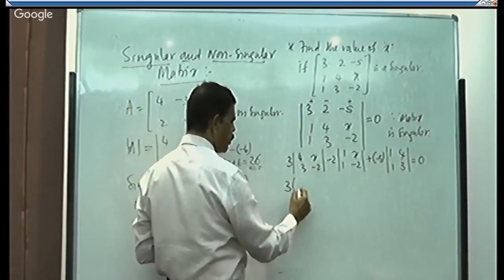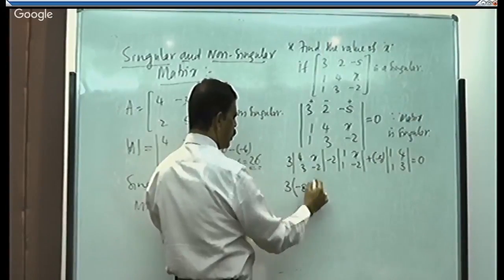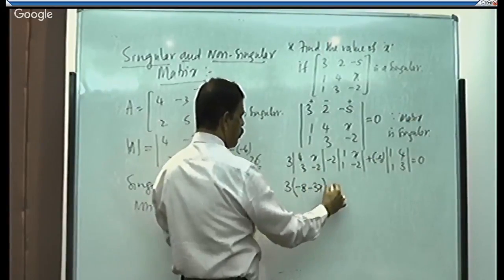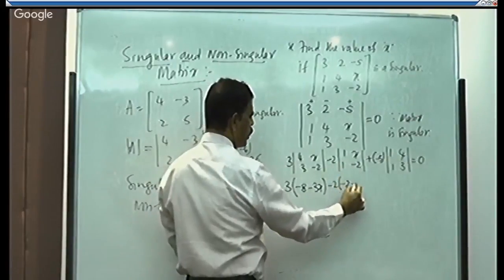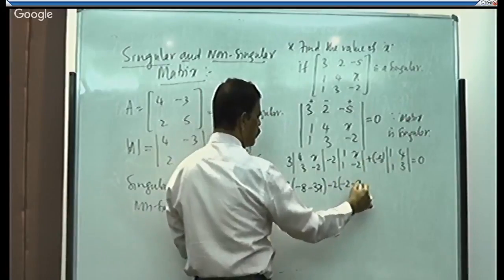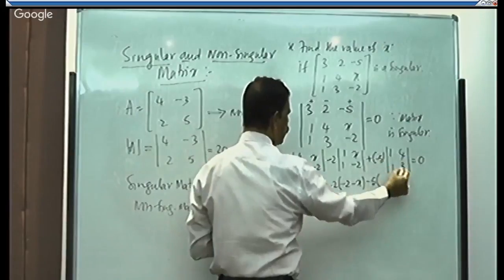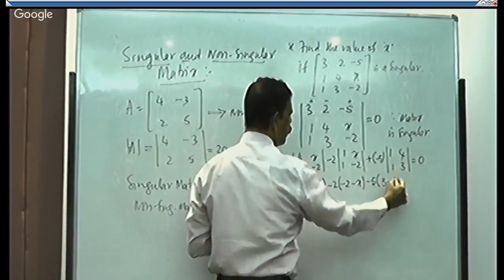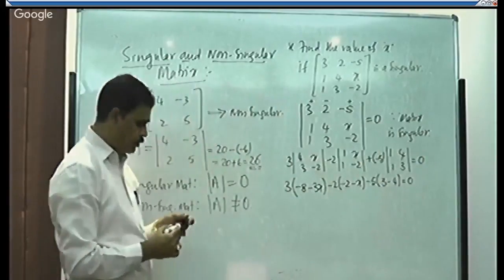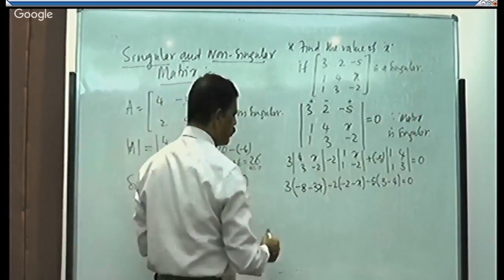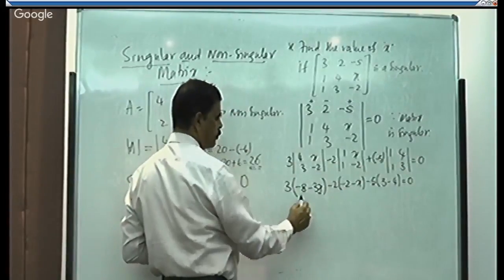Expand it: 3 into 4 into minus 2, minus 8, minus 3 into x, 3x; minus 2 into, expand this, 1 into minus 2 minus 1 into x; plus minus 5 into 1 into 3 minus 1 into 4, equal to 0. Such problems you have worked out in determinants. Now this is an external term, this is a constant.